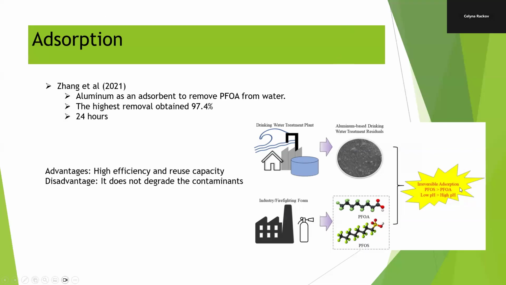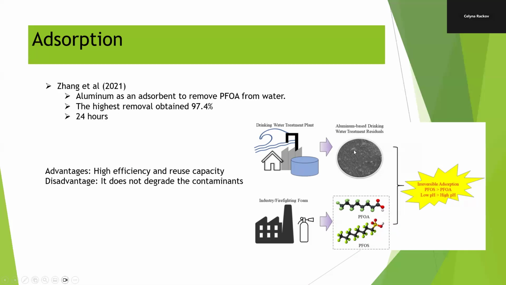The study examined aluminum efficiency to adsorb PFOA in different pH conditions. The best conditions were obtained using a low pH system. The main advantage of the adsorption technique is high efficiency and reuse capacity.